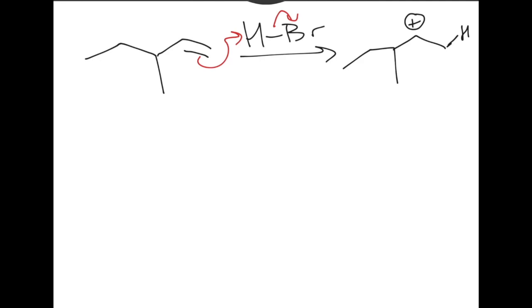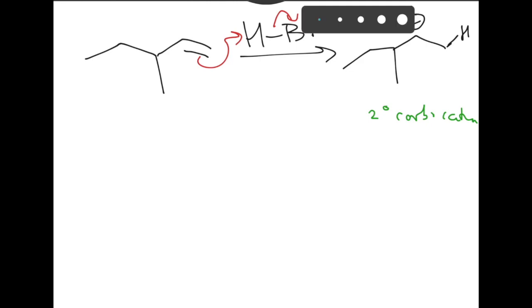It is secondary. This is a secondary carbocation. Whenever you generate a secondary carbocation, you need to look at the carbons on either side and ask yourself, what happens if I were to move a hydrogen, or what happens if I were to move a methyl group?